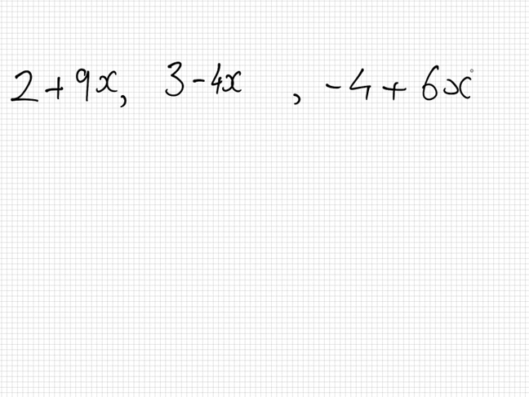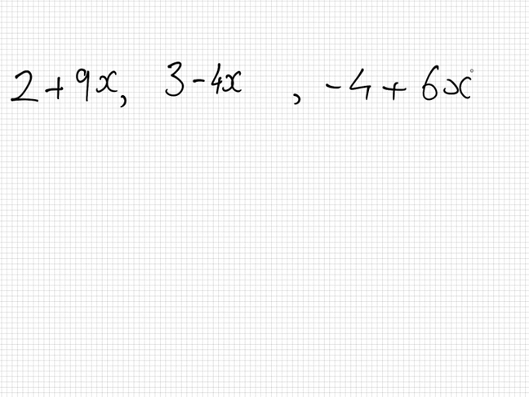You don't know what x is, but whatever x is, it makes three numbers that are in arithmetic progression. So for example, if I was to make x 0, what numbers do I get? 2, 3, minus 4. Is that an arithmetic progression? No, it's not.